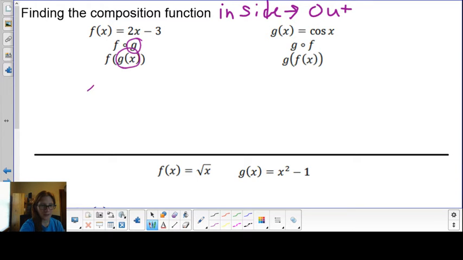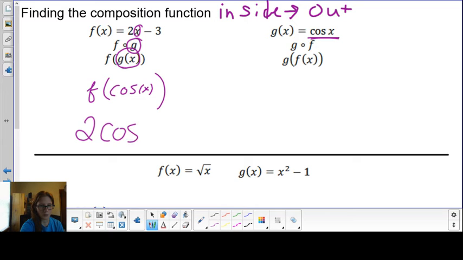So it's like saying f of, well, my g of x is cosine. So I have f of cosine of x, which is saying that every time I see an x in f of x, I'm going to write cosine. So I have 2 cosine of x minus 3.